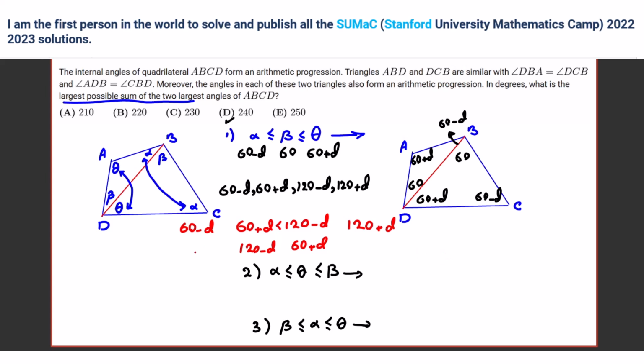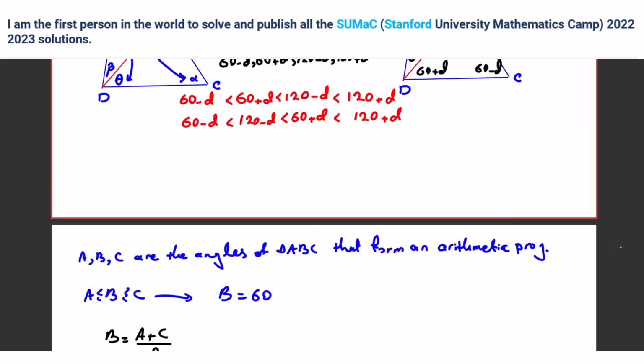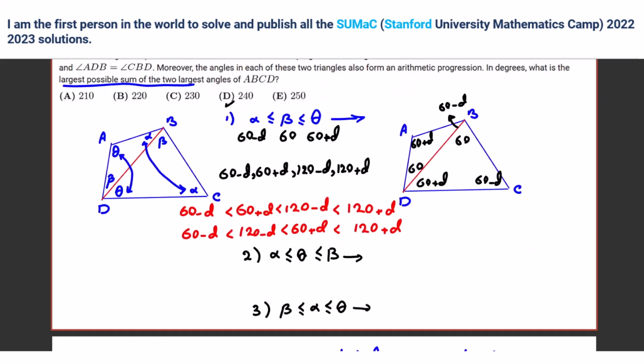Sorry, I'm confused. I said we have two cases, I think. Is it okay if I describe my approach? Okay, sure. What's your approach? So I know that all of the angles must be in an arithmetic sequence.